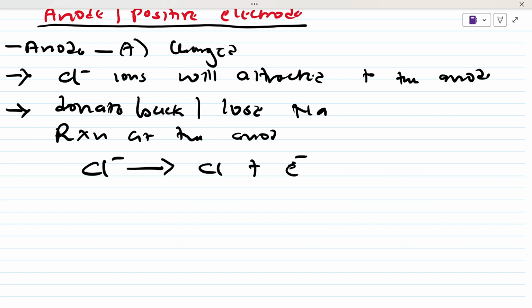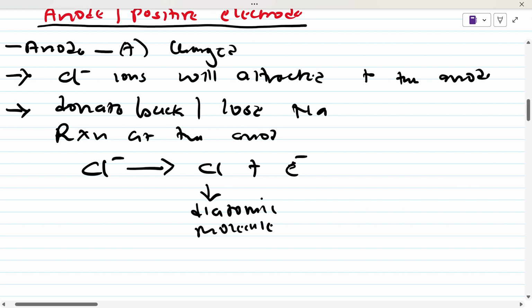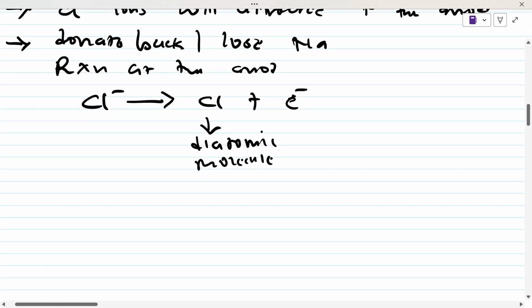But you really need to know that based on the analysis of the periodic table, I told you that chlorine is a diatomic molecule. It exists as a molecule, and the molecule is diatomic.